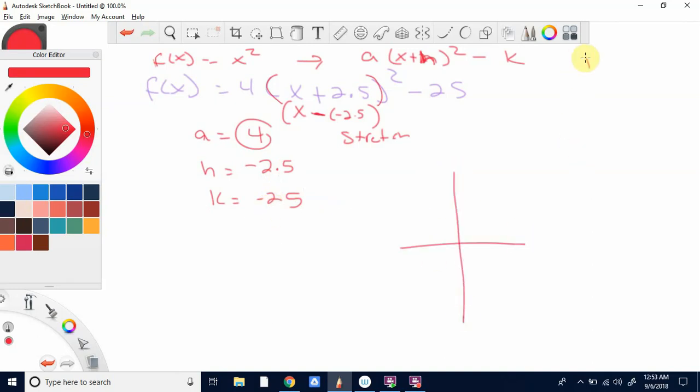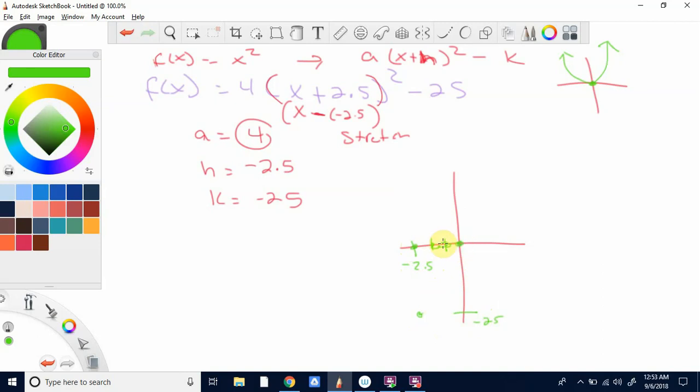So let's look at what our parent function looks like. Our parent functions always go through the origin, or most of the time. So the parabola does this. I know we're going to shift it to the left. Let's just call this negative 2.5. Ignore my little things here. It's going to go from here to here, and then it's going to go down to negative 25.